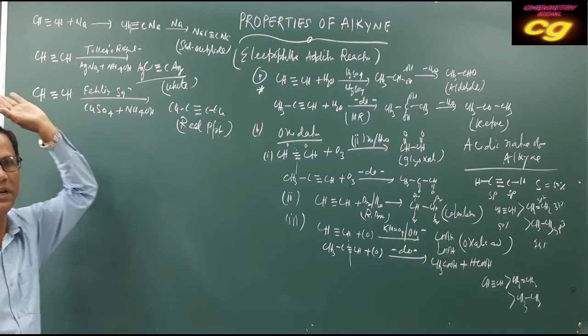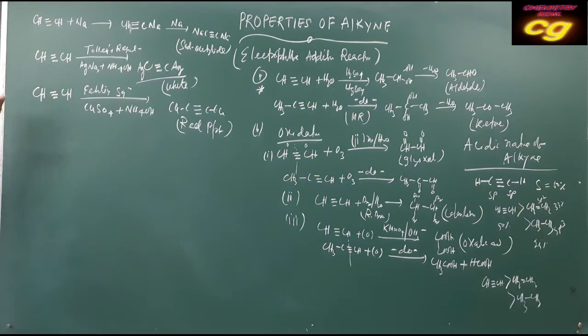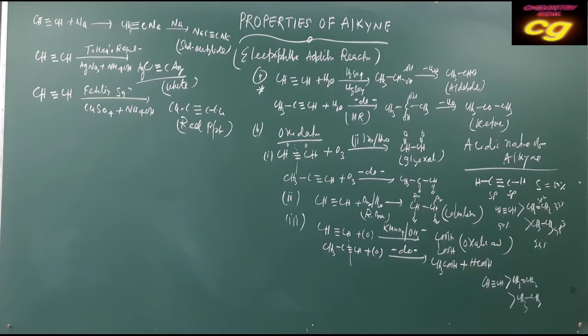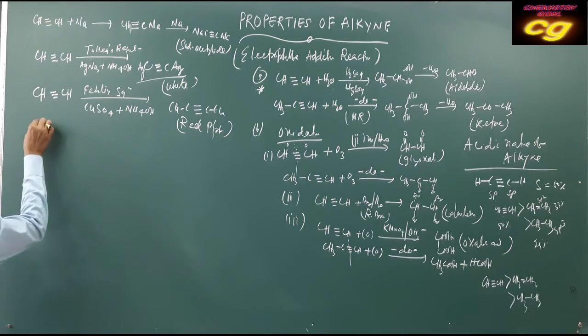This is the copper salt, and this indicates the CH bond having hydrogen. This hydrogen is acidic in character and produces a salt. These are the important acidic properties of alkyne.